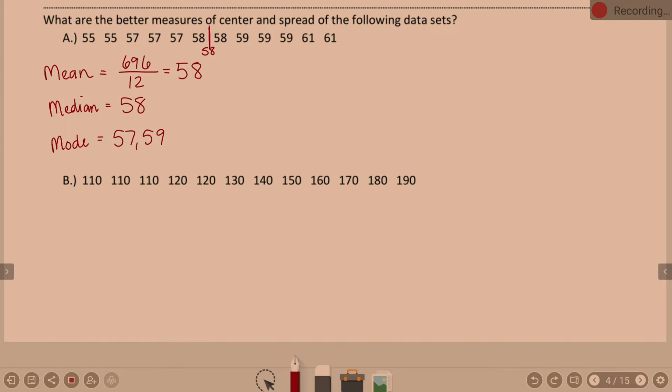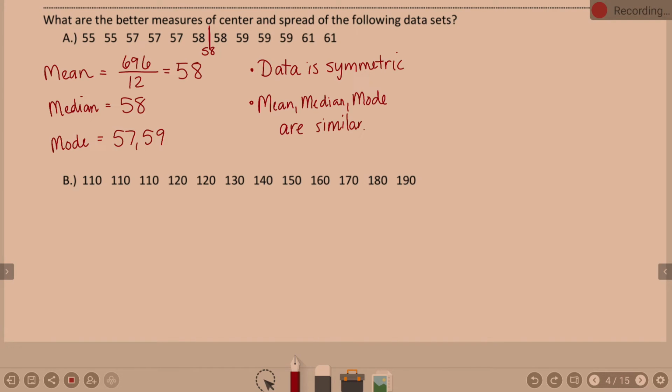Okay? So I'm going to say data is symmetric. And if you're writing down a reason for yourself, the reason is because the mean, median, and mode are very similar.